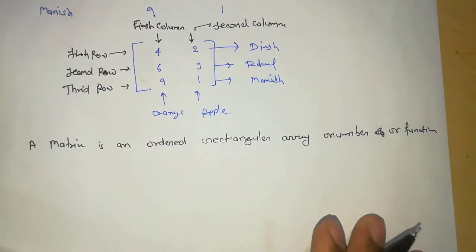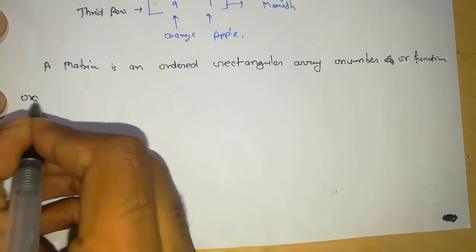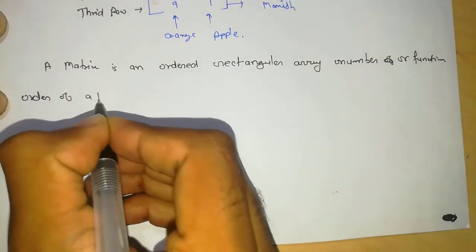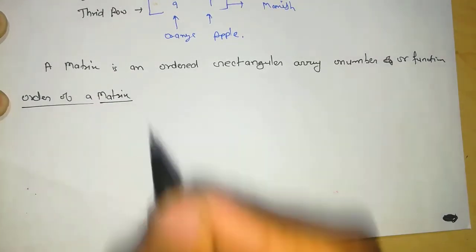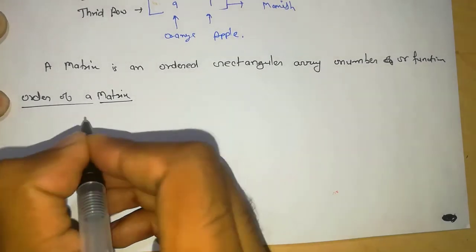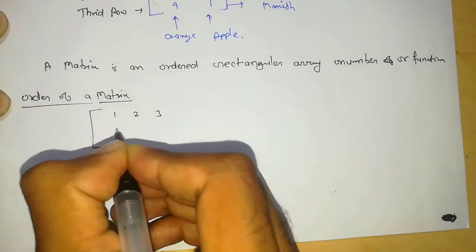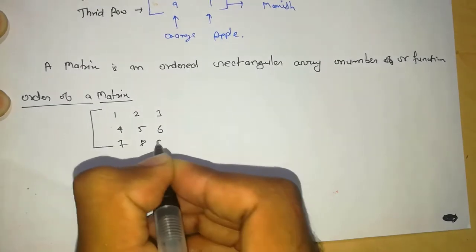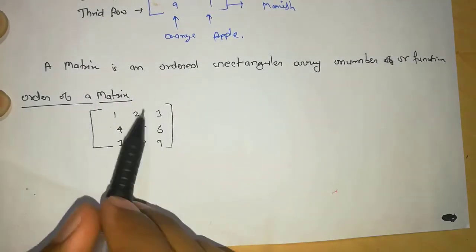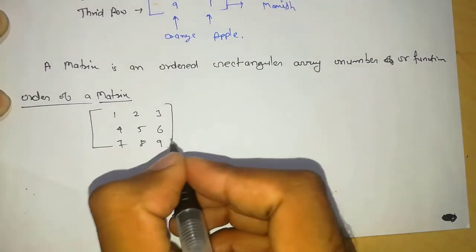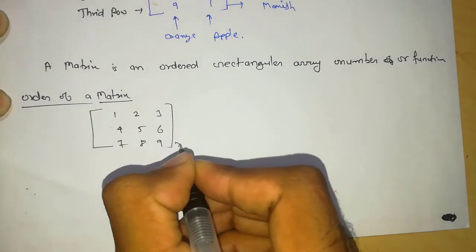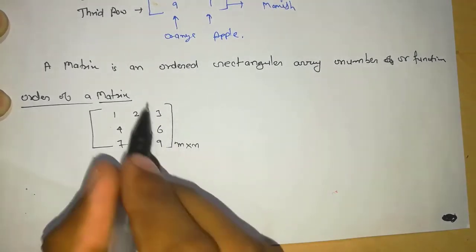Now we will start with the order of a matrix. How do we define the order of a matrix? Let's suppose an example like this: 1, 2, 3, 4, 5, 6, 7, 8 and 9. Here we see 3 rows and 3 columns. M will represent the rows and N will represent the columns.